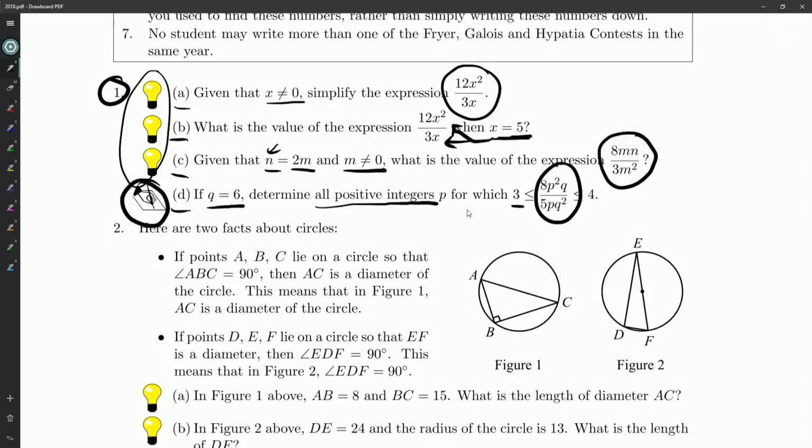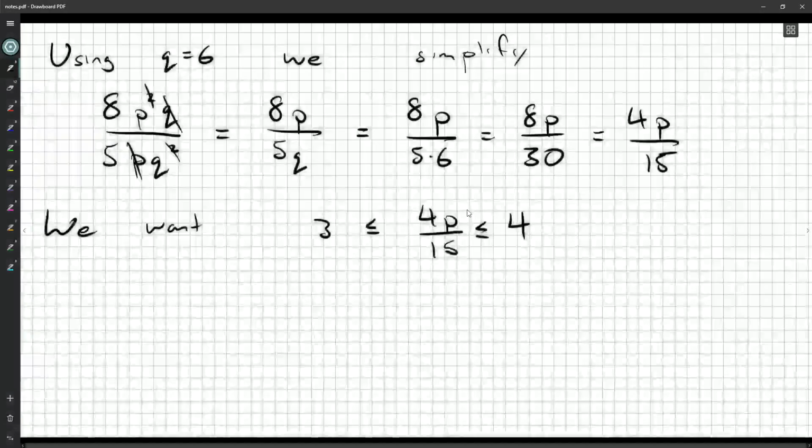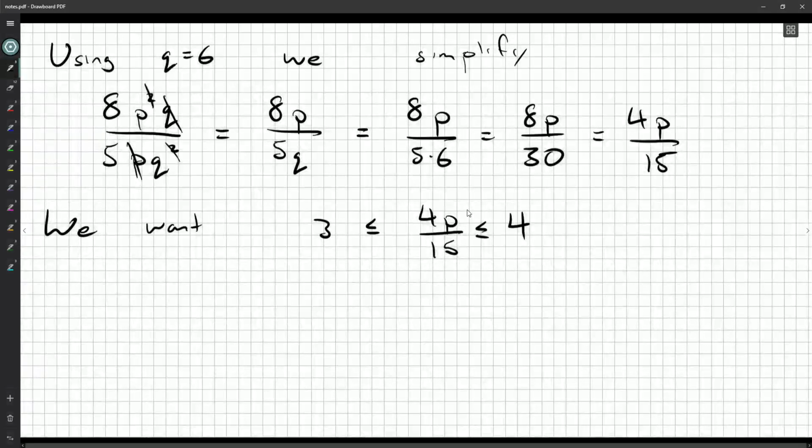Okay. So, suppose we could multiply by 15. And you could write that down if you want to. I would say as long as you line it up clearly like this, everyone's going to know you're multiplying by 15.